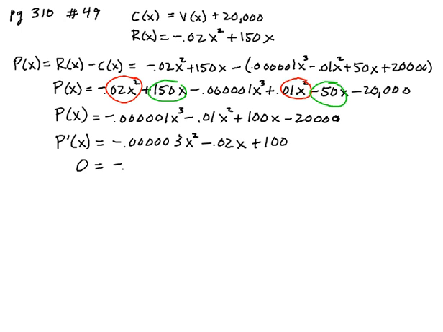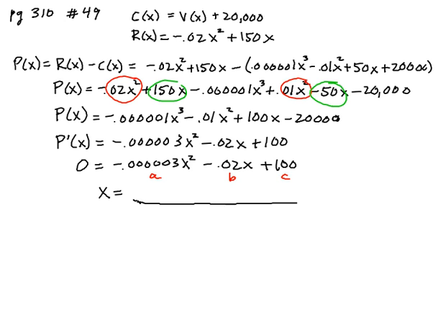Now, setting that equal to 0 and solving for the x is not something that looks like I could factor very easily. So what I'm going to have to do is to put it in the quadratic formula. And I've got it set up there so that I can read off the A, the B, and the C for the formula. And I'll just plug it all in there.